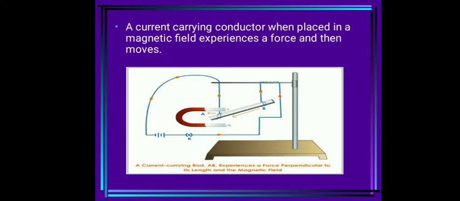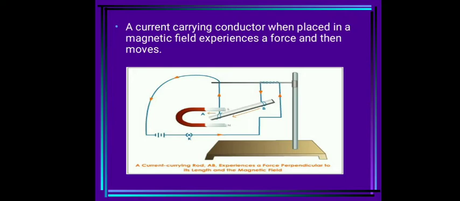The magnet exerts a force on the rod that is directed towards the right. As a result, the rod gets deflected to the right side. By reversing the current or interchanging the poles of the magnet, the deflection of the rod also gets reversed, indicating that the direction of the force acting on it gets reversed.